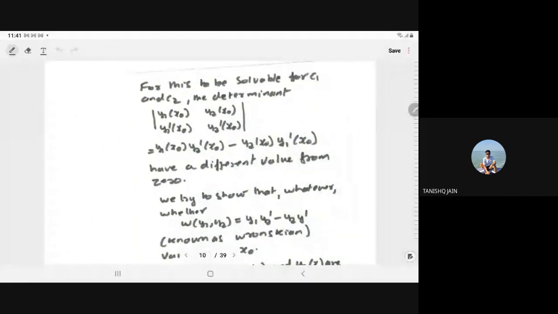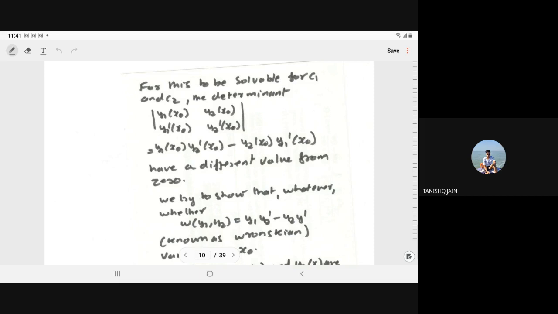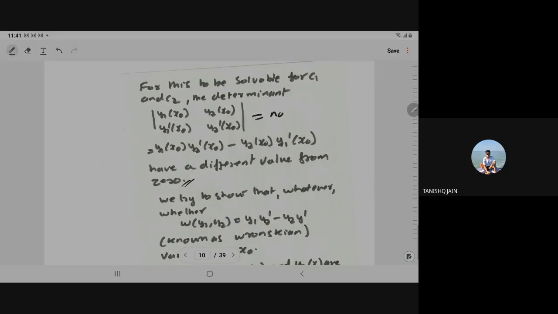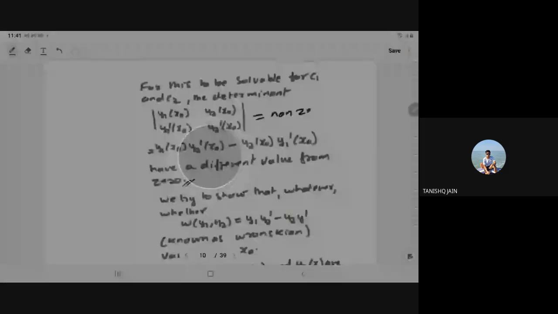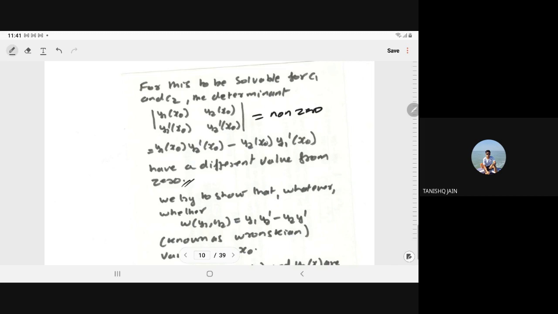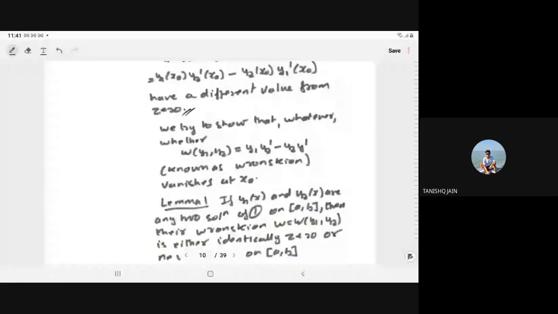So for this to be solvable for c1 and c2, the determinant of y1, y2, y1 dash, y2 dash should have a value different from zero, means it should be non-zero.